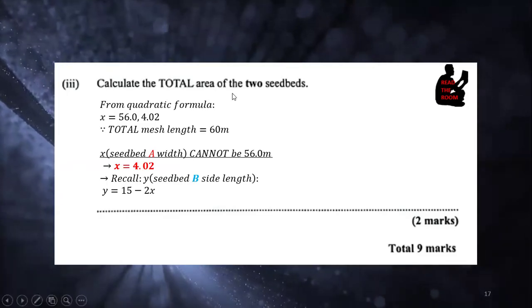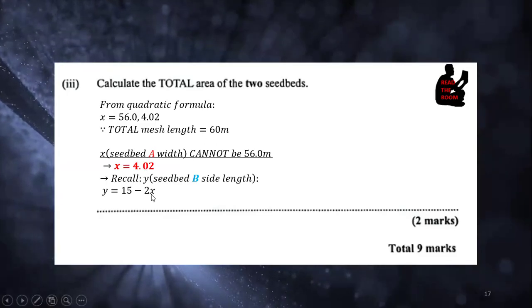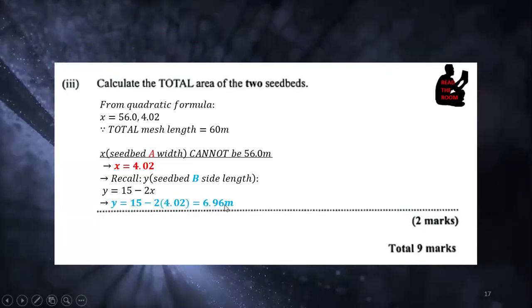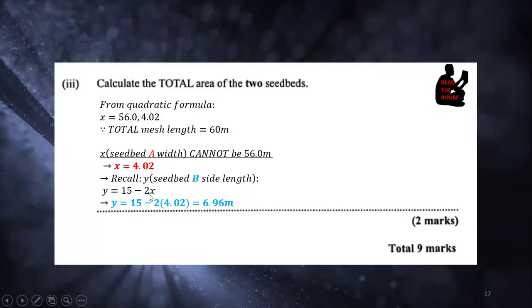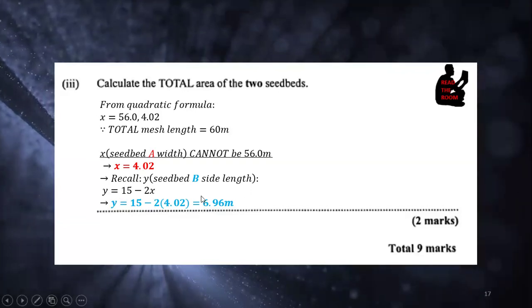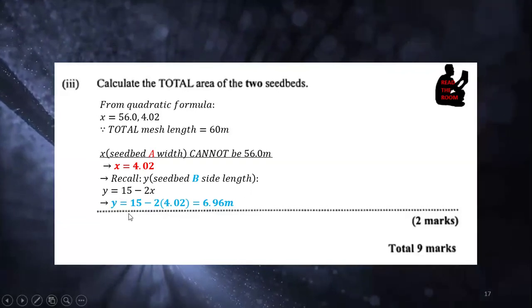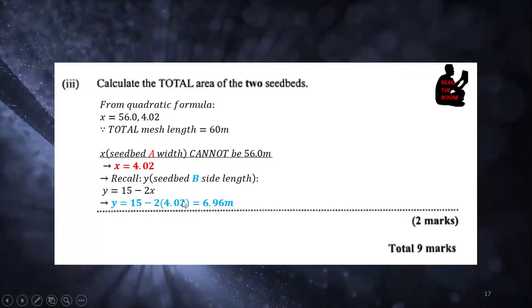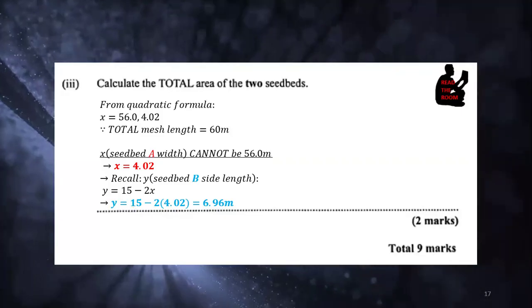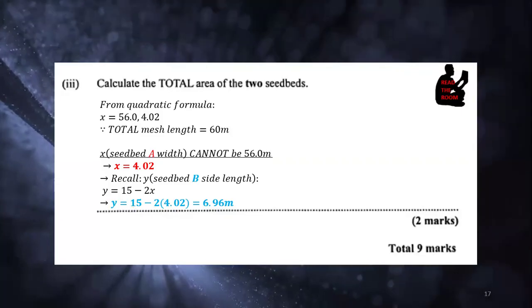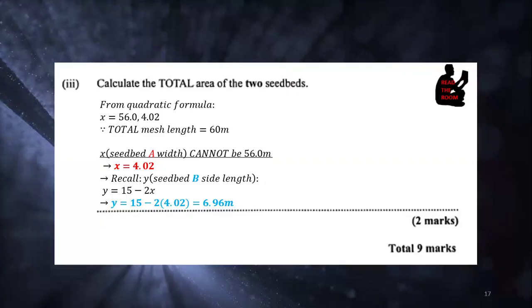And I'm going to put x 4.02 into here, and I get 6.96. Again, if I had put 56.0 into here, I've got a negative number, which will be the length of the square seedbed. And you cannot have negative lengths ordinarily, especially at CSEC level for mathematics, right?